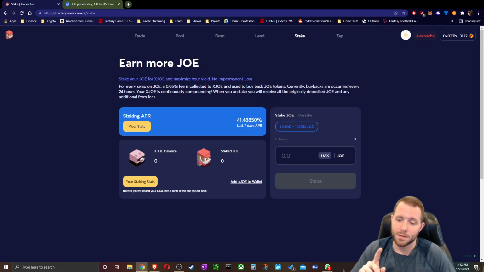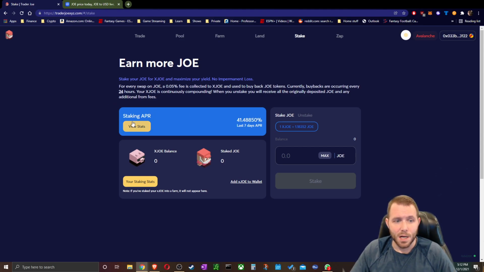Provided it's instant back and forth. If there's time delays, then you have something to think about, right? How long do you want to do this for? Do you want the ability to sell your tokens on a dime? If that's the case, then you don't want time locking. Once you add the time factor, the time locking factor to your staking, it introduces an additional risk, right? So I always, like I said, do your research on what you're doing as far as staking goes. In this thing in particular, instant.